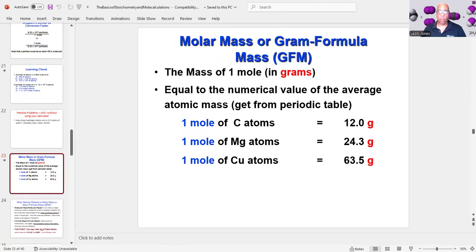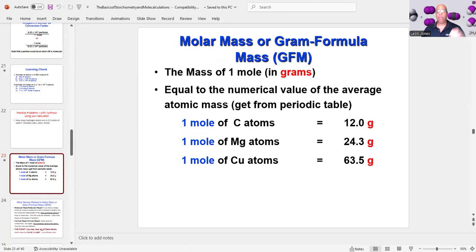Okay, the molar mass or gram formula mass, GFM. So the mass of 1 mole, in grams, is equal to the numerical value of the average atomic mass. Now, again, you get all this from the periodic table. So 1 mole of carbon atoms is 12 grams. 1 mole, what is Mg?